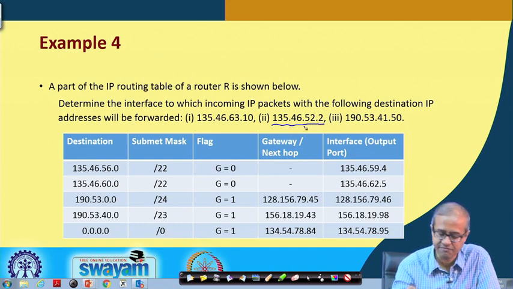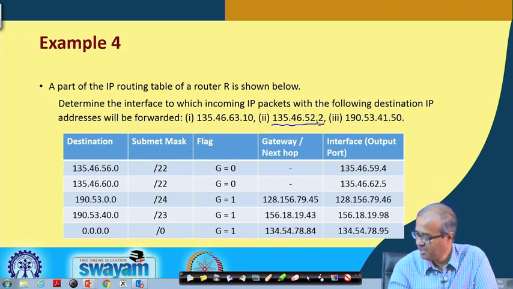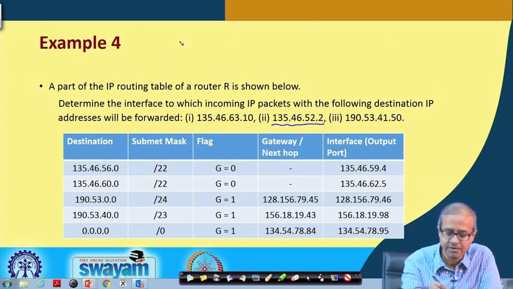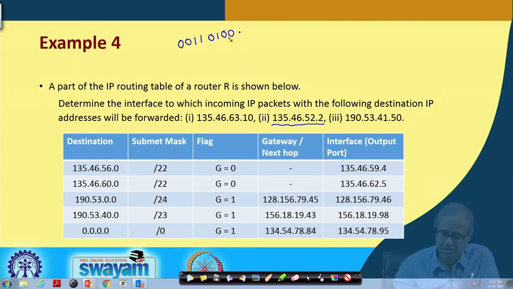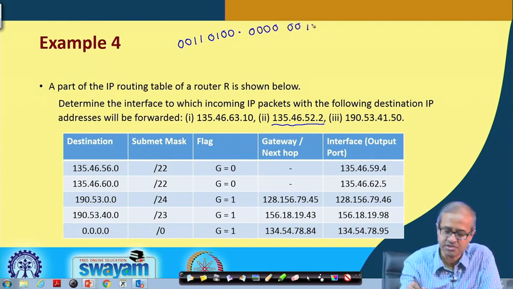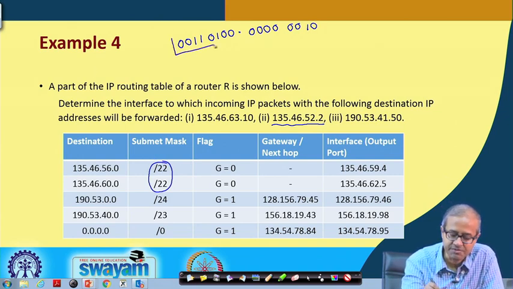Now, let us look at the second example. Well, this is also 135.46, so it will be one of the first two, but it is 52.2. Let us see what is 52.2. 52 is 0011 0100. Dot 2. 2 is 0000 0010. And here again we will be taking 22 bits, 8 and 8, 16, and we will be taking 6 bits from here.